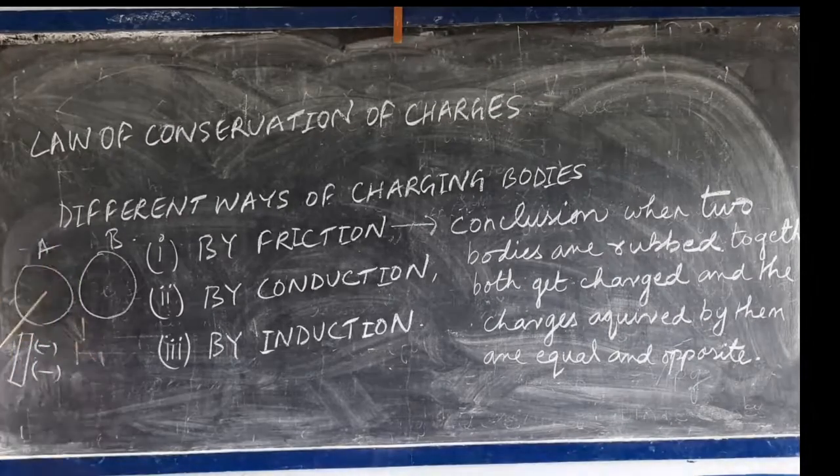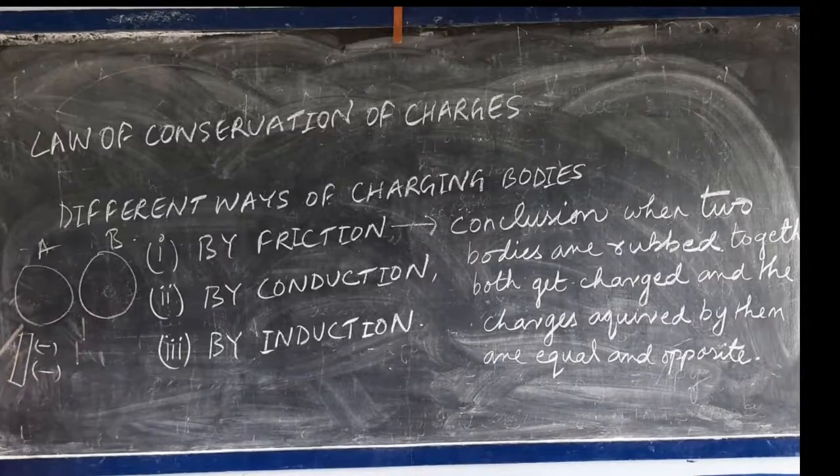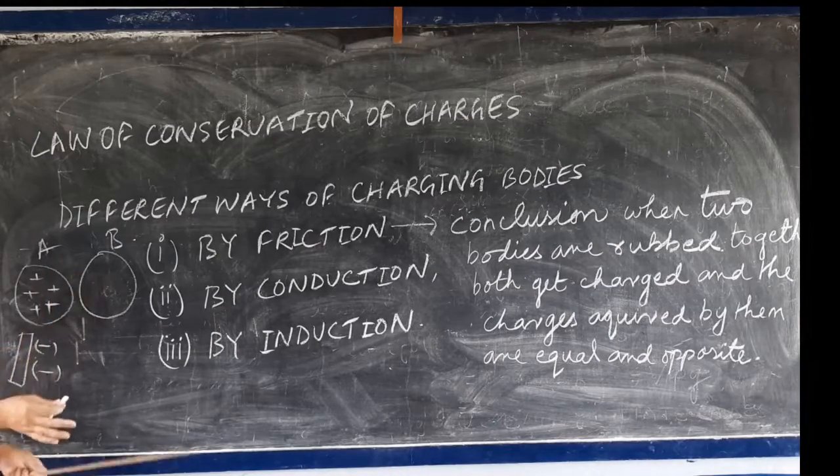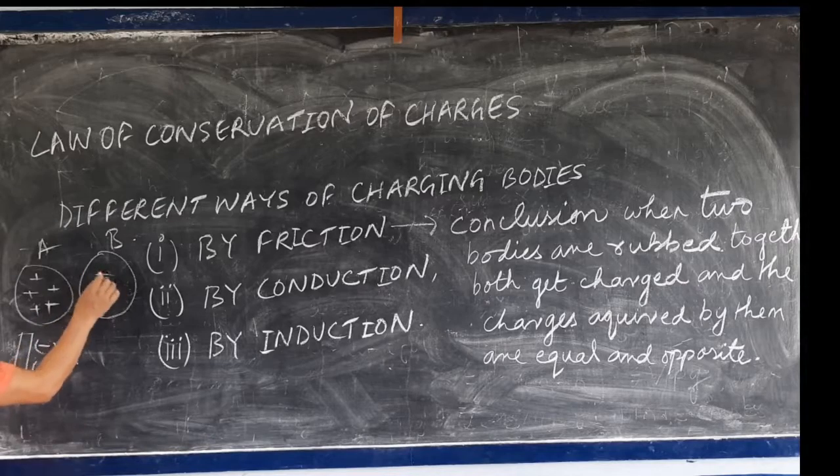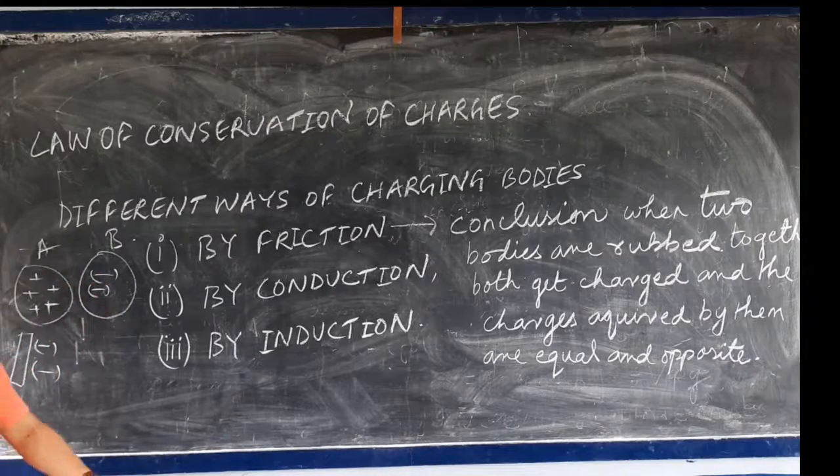Now you bring this ebonite rod closer to the sphere A. When you bring it closer to sphere A, A will become positively charged, and at the same time the other body B will also get charged. Both the bodies A and B will get charged. Is it clear?